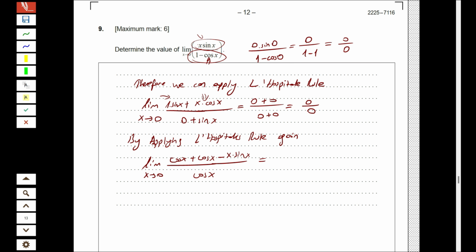When you substitute x with 0, you can write the limit as cosine 0 plus cosine 0 minus 0 times sine 0, over cosine 0. Cosine 0 is 1, and divided by 1, it equals 2.